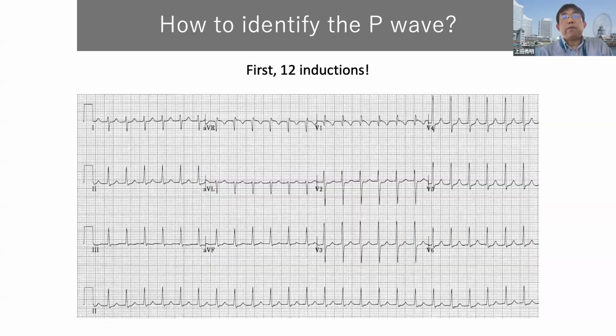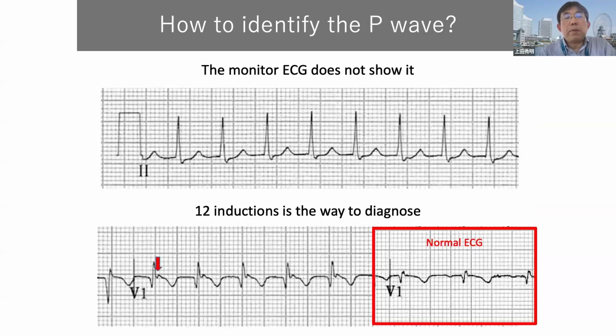Okay, how can we identify the P wave? First of all, we have to do a 12-lead ECG, because the monitoring ECG does not show the P wave properly. So we always have to perform the 12-lead ECG. This is the most precise way to diagnose.